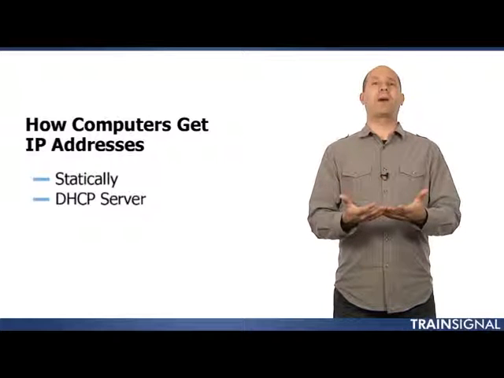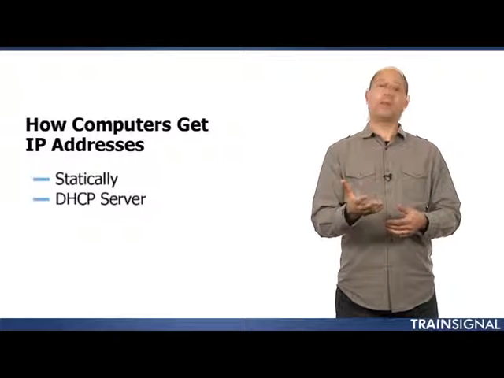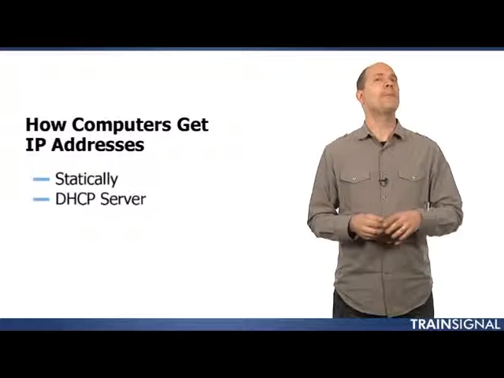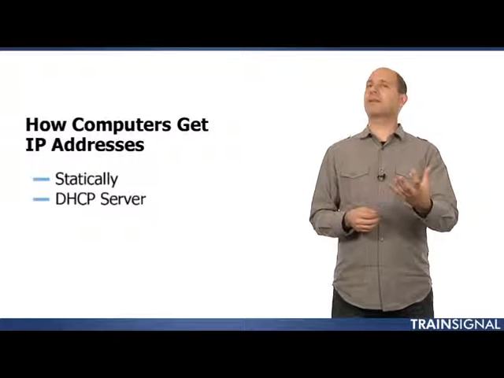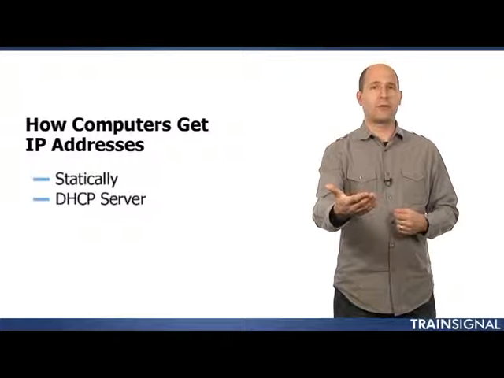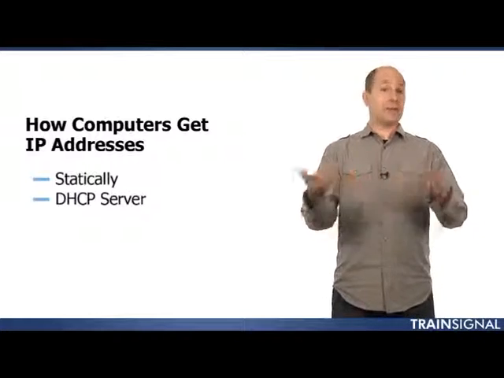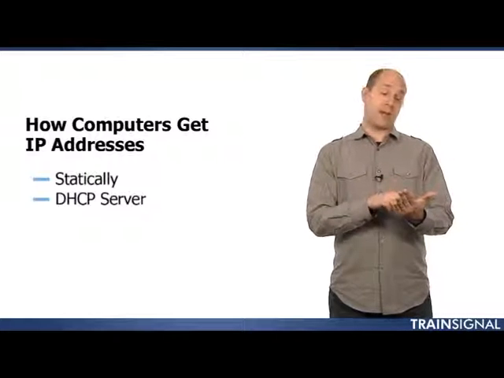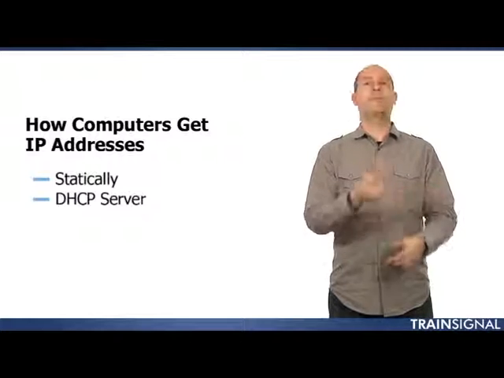As computers come on, if they have been configured, and by the way, this is typically the default configuration, if they've been configured to automatically get their IP address, they'll go out to that DHCP server and they'll ask, hey, is there an available IP address for me? That server will look at its list and say, yeah, here's one. Here you go.